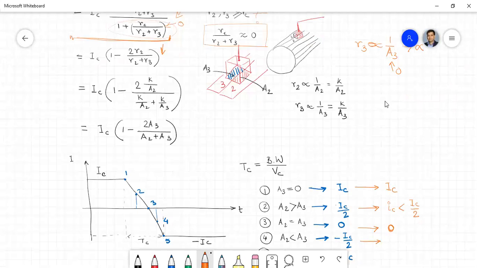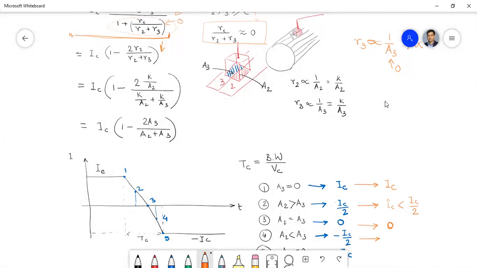Now what will be the value of IC? Is it less than this value, minus IC by 2, or more than this value? Anybody? Sir, the magnitude is less than IC by 2 in this case. That also means it is less negative, isn't it? Yes, sir, it will be less negative.